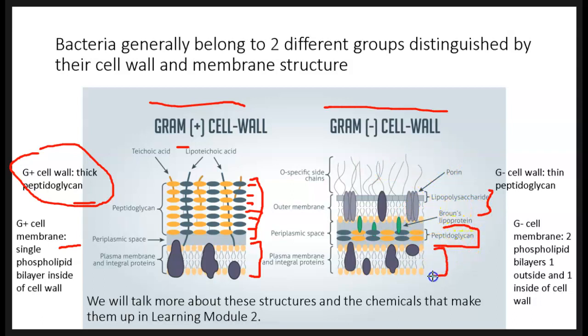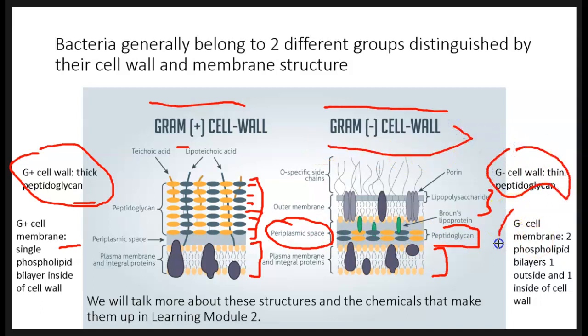And they have an inner membrane, also a phospholipid bilayer. But the space between those two membranes, what we call the periplasmic space, contains the cell wall and also a number of additional chemicals that float in that periplasmic space. So gram-negative cells have a thin layer of peptidoglycan in between two phospholipid bilayers.